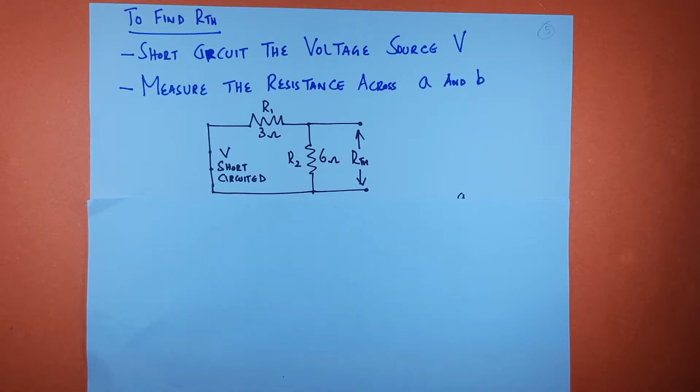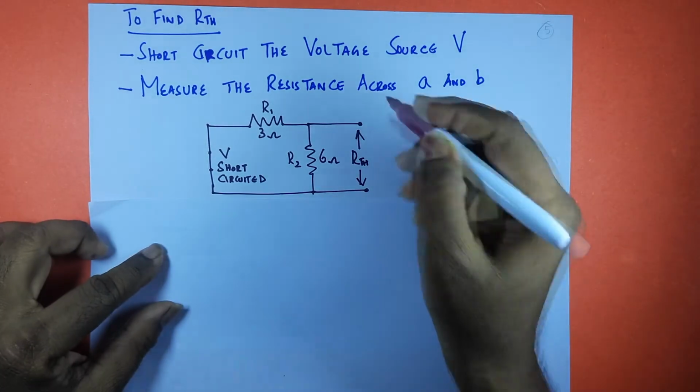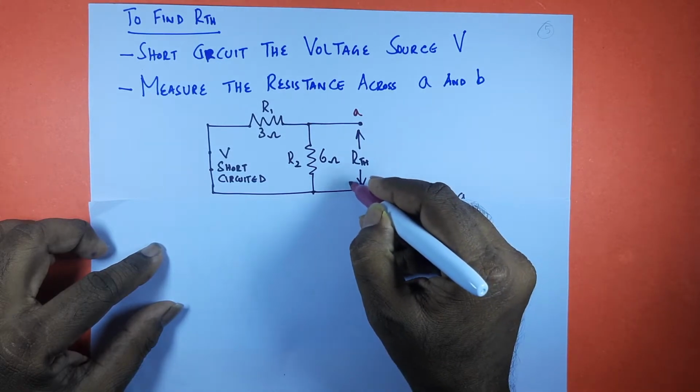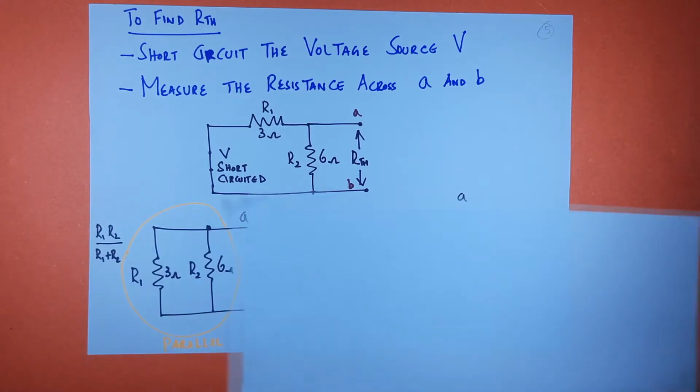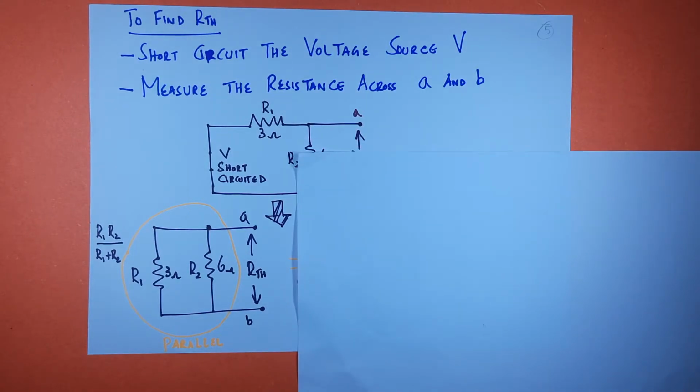So you take our example circuit. This is terminal A, terminal B. The voltage source gets short circuited. Now you measure the resistance between the 2 points A and B. I redraw the circuit for your convenience, which is nothing but 3 ohm in parallel with the 6 ohm.